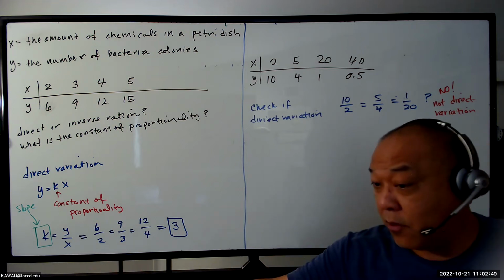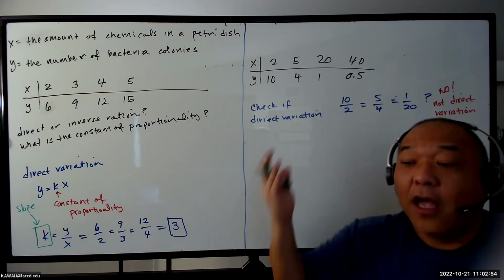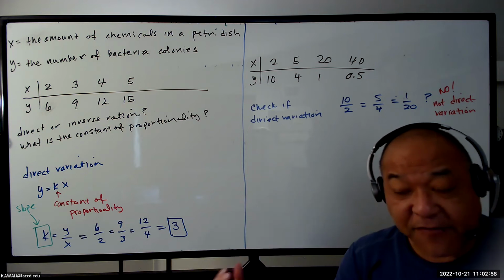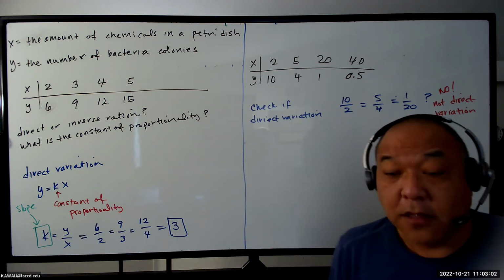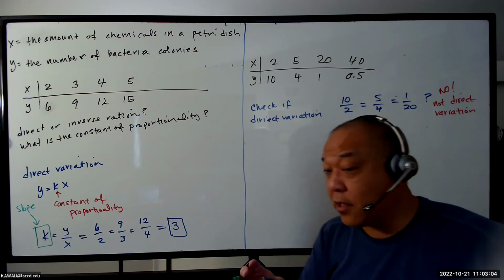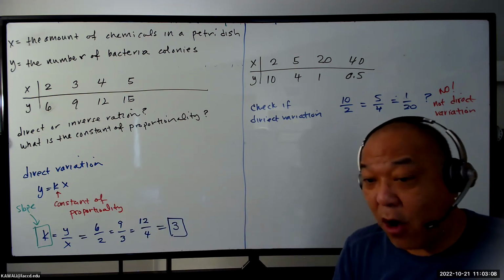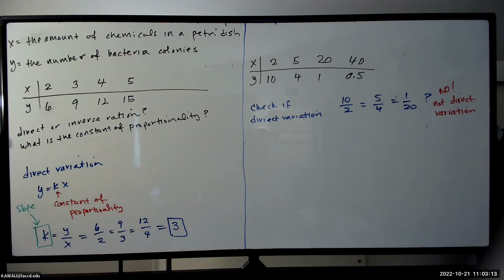Basically, everything is slope. So if you're not sure, does the y go on top? Does the x go on top? It's always the y on top. If you have to make a fraction, it's always the y on top. It's always going to be slope, just like we did last week in terms of rate of change, slope, y over x, always. So it's always y over x in all of these questions. We're pretty consistent like that in math.